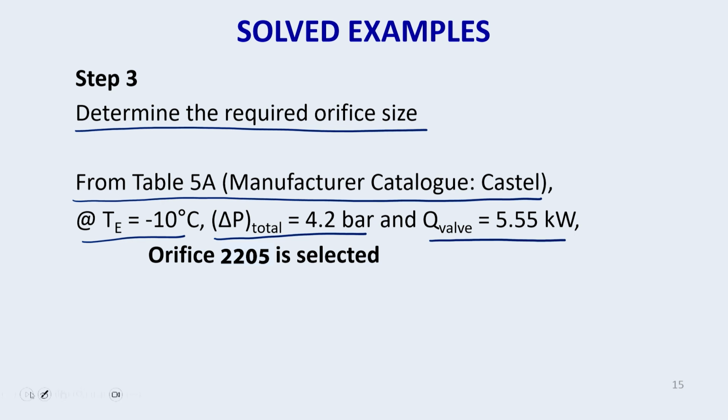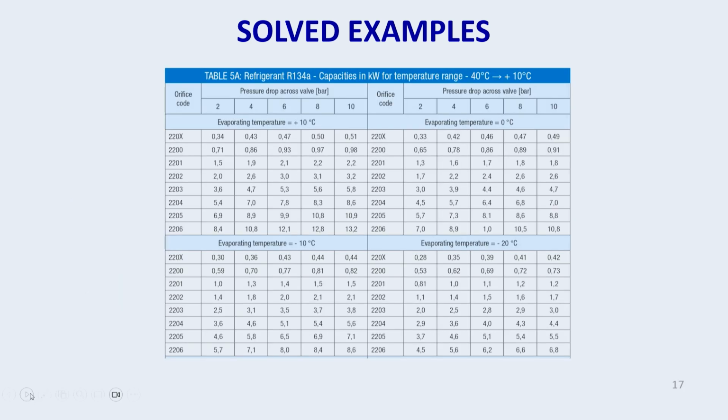So based on this, let us go to table 5A. This is the pressure drop across the valve corresponding to evaporator temperature, which is our given temperature.